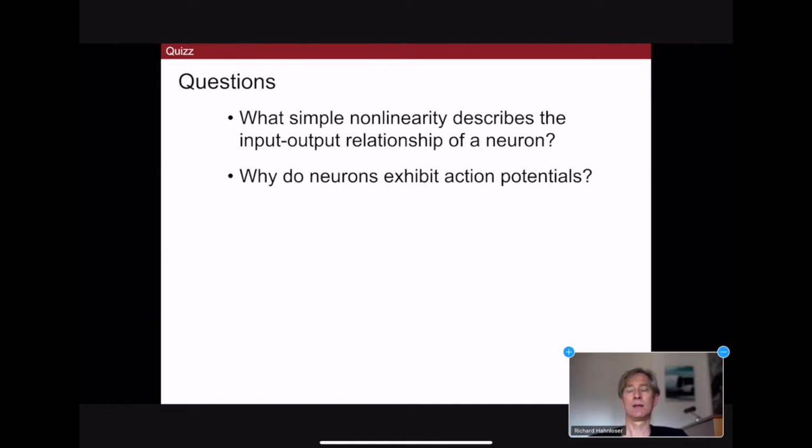So a simple proof, you could say, is that there are some animals that do not exhibit action potentials, like the nematode worm C. elegans, right? It's a tiny little worm, a millimeter or so, and it has about 300 neurons and no action potentials. So it is not really necessary in small living organisms.